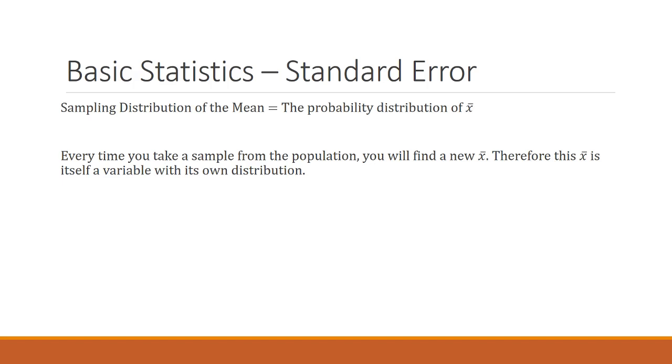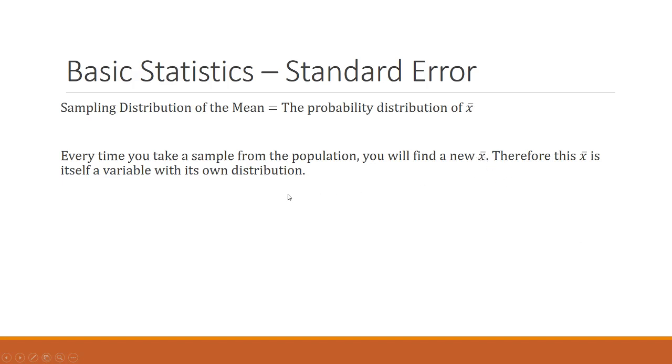But if we went and collected another sample of 1,000 farmers, again, we would have a sample mean, the average in that sample, and that sample mean would be different. And every time we collect a sample of data from a population, we will get a new mean, a new sample average.